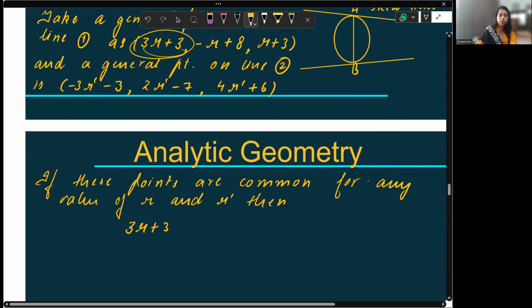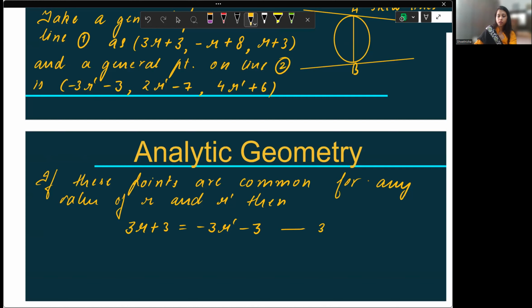See here, 3R plus 3 will be equal to minus 3R dash minus 3. That's my third equation. Similarly, minus r plus 8 is equal to 2r dash minus 7. And r plus 3 is equal to 4r dash plus 6, which is 50.